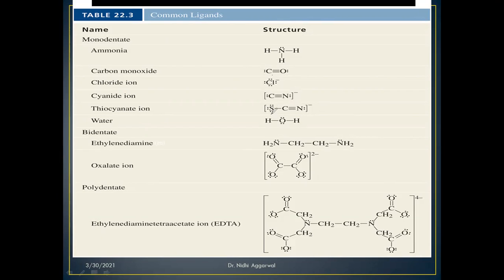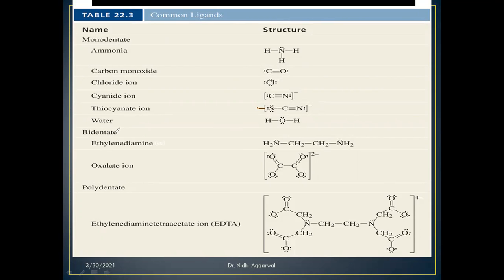In thiocyanate also you can see lone pairs on sulfur and on nitrogen, but they can coordinate with the metal either through the sulfur atom or through the nitrogen atom. Such ligands, which have more than one donor atom but combine with the central metal ion either through sulfur or through nitrogen, are known as ambidentate ligands.